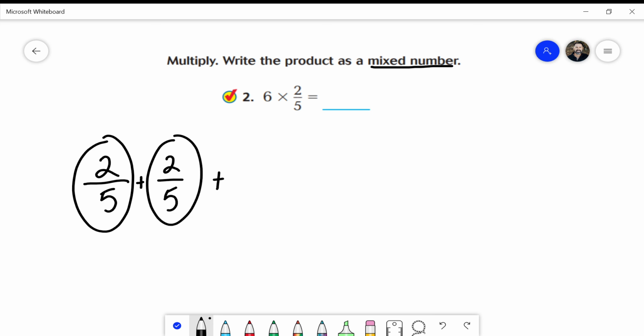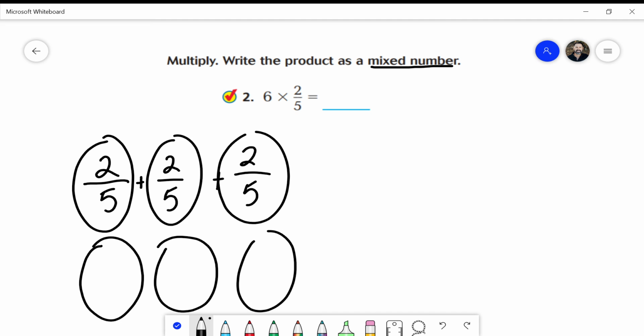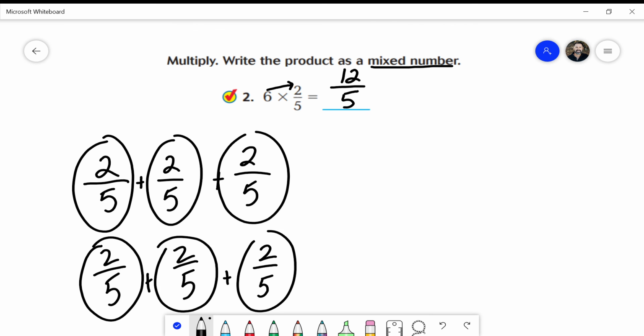That's 2 groups, 3 groups, 4 groups, 5 groups, and 6 groups there, right? With the same fraction in it. One more time. If we just add all those 2's, or just multiply 6 wholes times the 2, which is up on top of the numerator, that's 12. The denominator doesn't change, it's fifths.